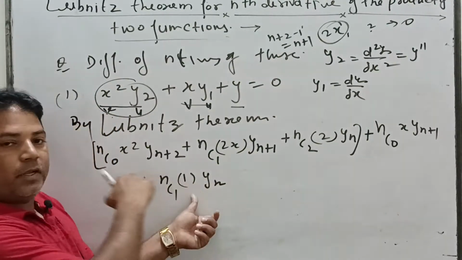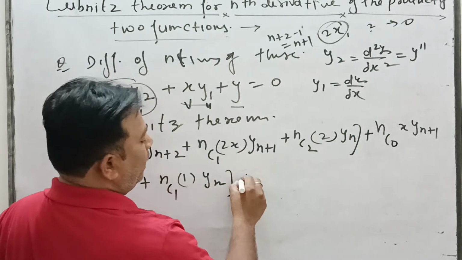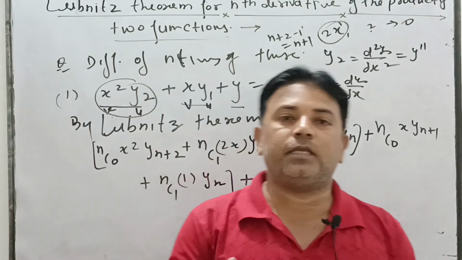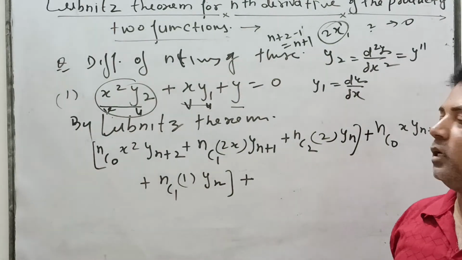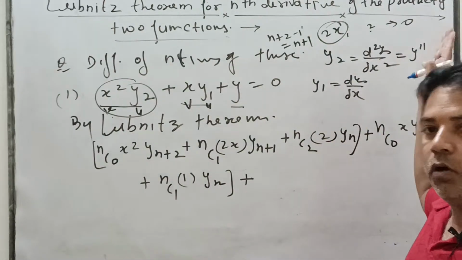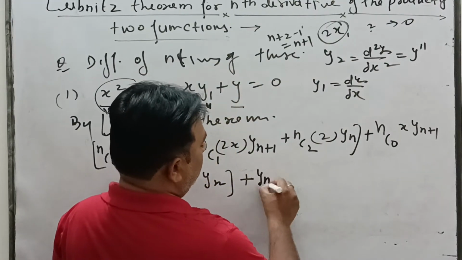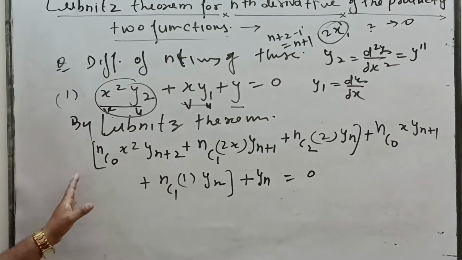Next term, differentiation of 1 is 0, so other terms will be 0. Differentiation of y n times: first time y1, second time y2, third time y3, fourth time y4 and so on, then n times is yn. We apply the Leibniz theorem in this term.